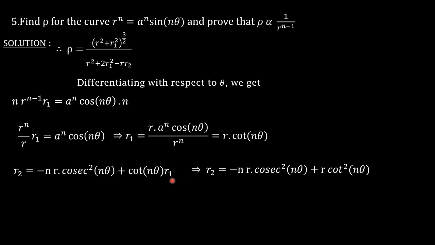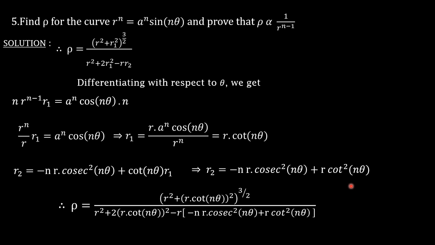But what do you know about r1? r1 is nothing but r cot n theta, right? So just substitute it. So you are going to get r2 to be equal to minus n into r cosecant square n theta plus, replacing r1 by r into cot n theta, so that the term reduces to the form r into cot square n theta.